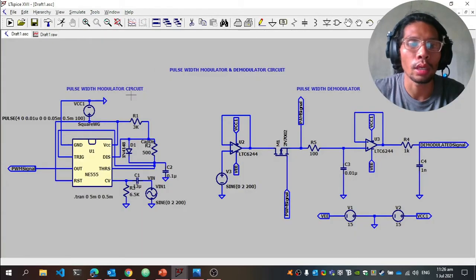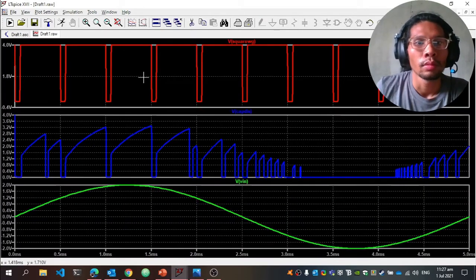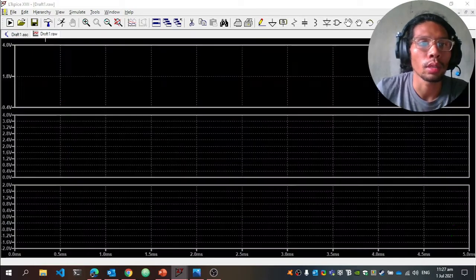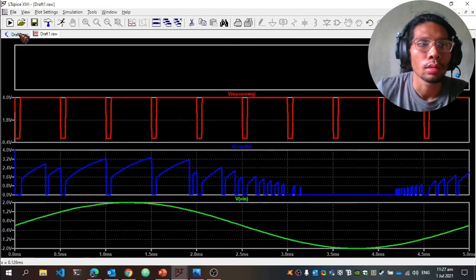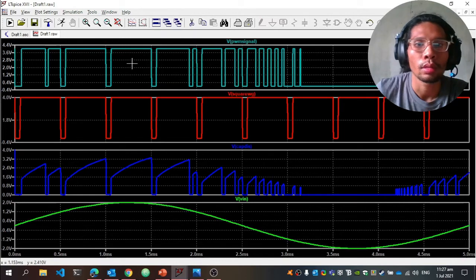Another plot plane for the pulses, or the square wave generator. And the pulse width modulated signal, or the PWM signal, is the cyan colored plot in the simulated result.